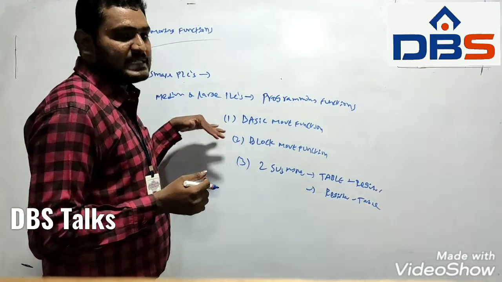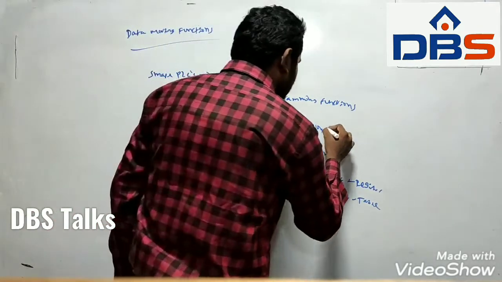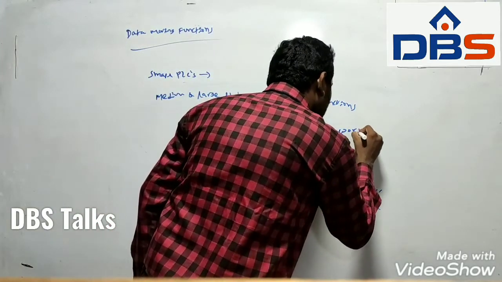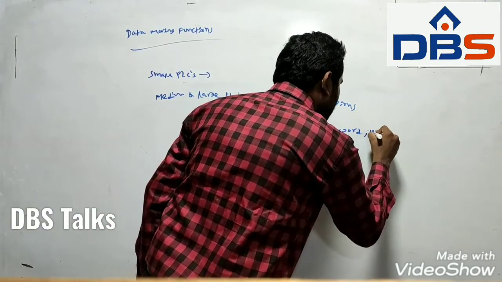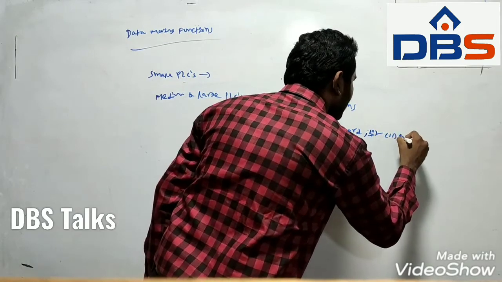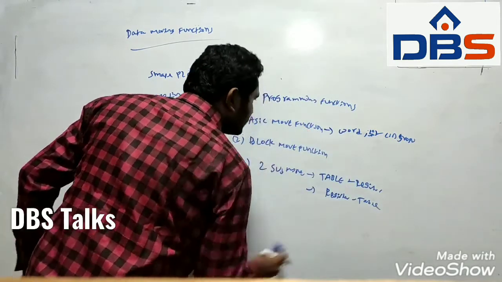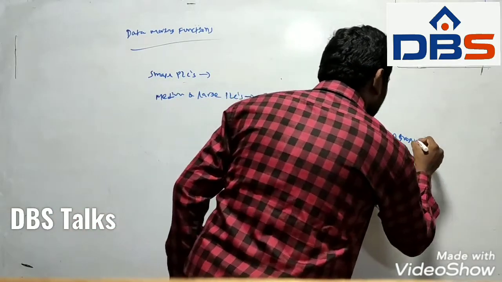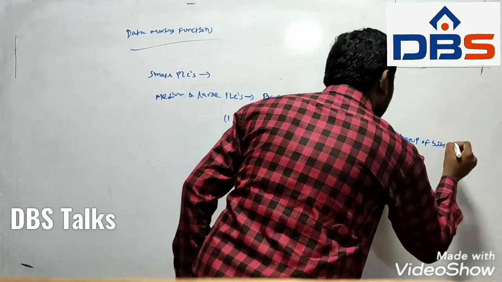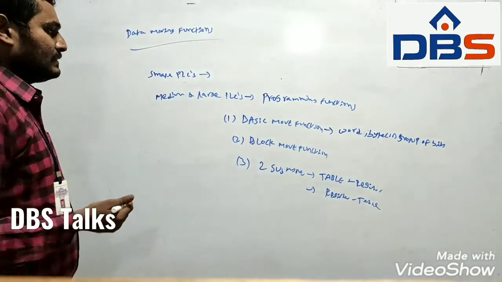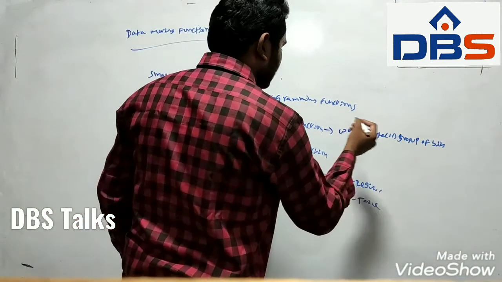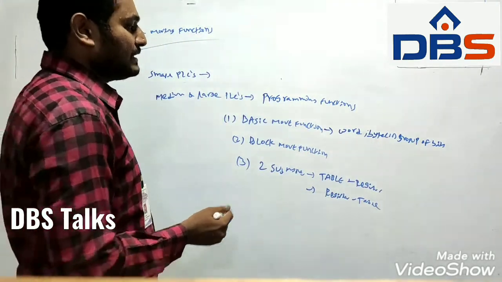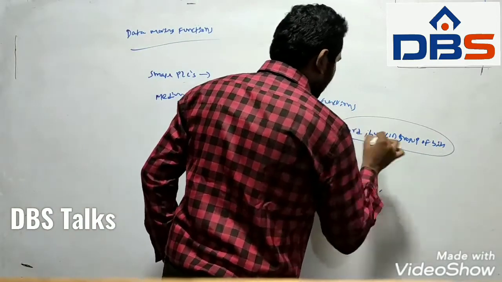Coming to the first one, the basic move function. The basic move function takes a word, byte or group of bits from one place and moves this data into another place.